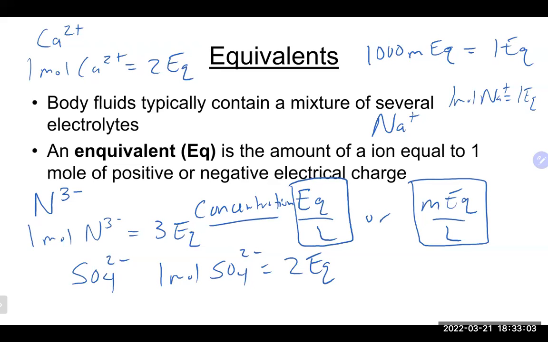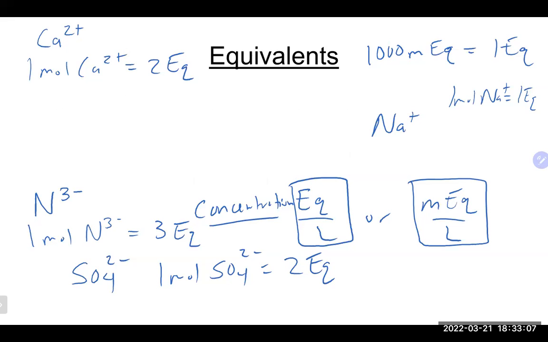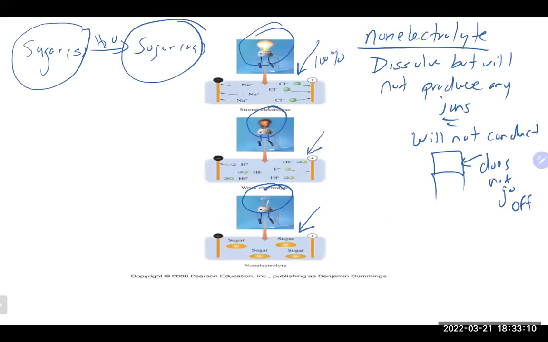So let's take a look at one just to see how we would get there. Let's first say we had 0.025 moles per liter of, let's do sodium sulfate solution.